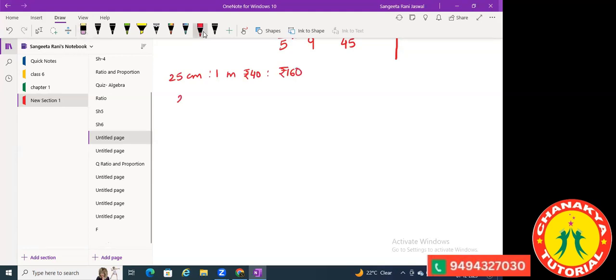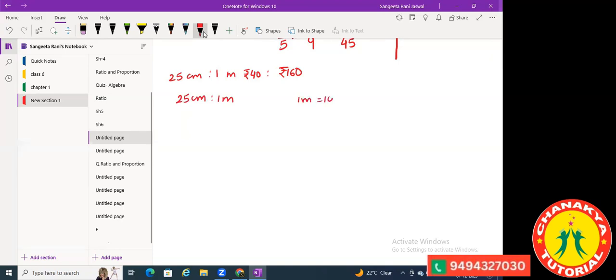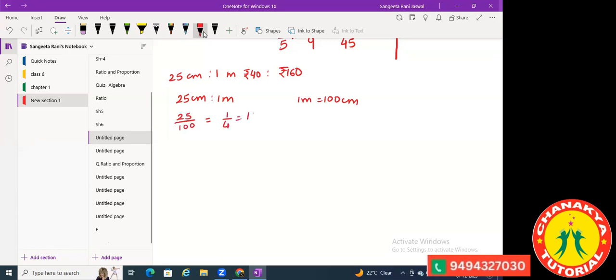So what will you do here? Let's do the first ratio. We should convert 1 meter into 100 centimeters. 1 meter is 100 centimeters. So we can divide by 25, so it will be 1 is to 4.